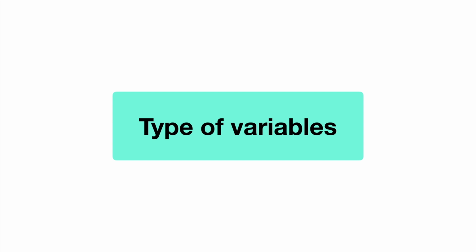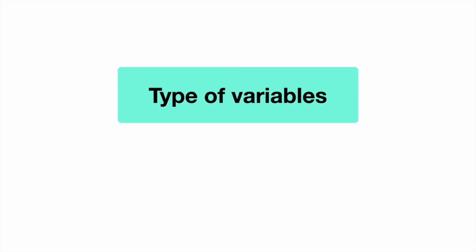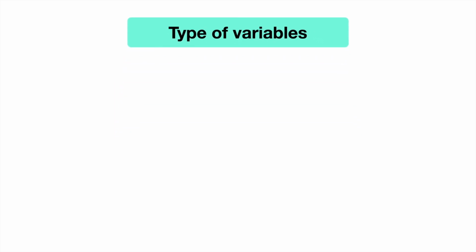So coming to what are the types of variables, this is very important to know, because based on this we will learn how to enter the data and how to use the test and what tests are to be used. So the variables are divided basically into two types. The first being numerical.